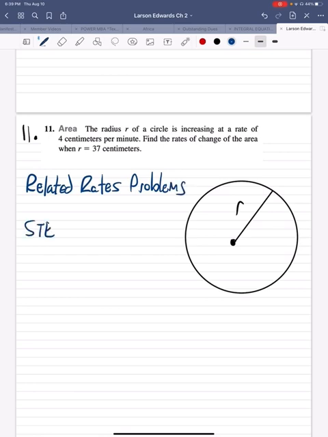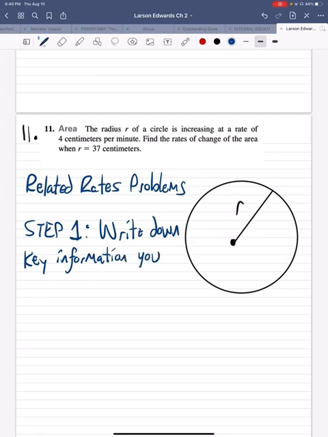Step one is to write down key information you are given.